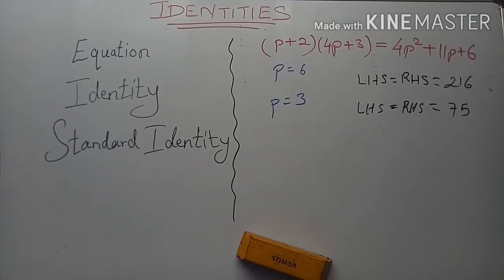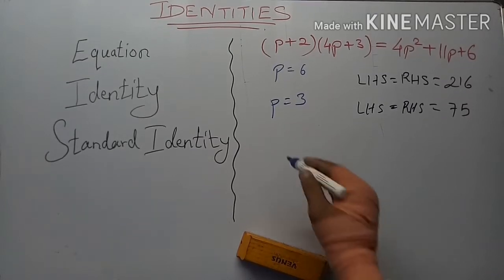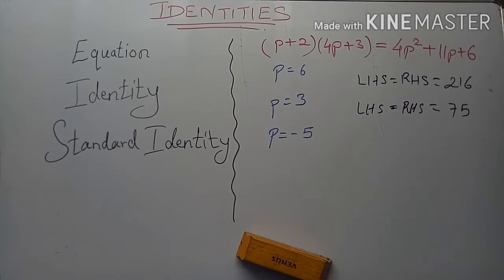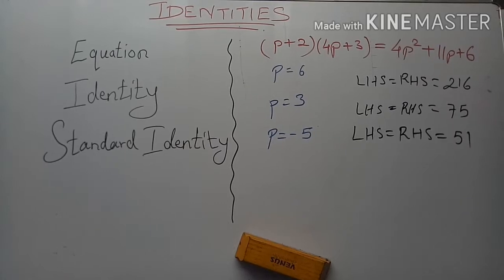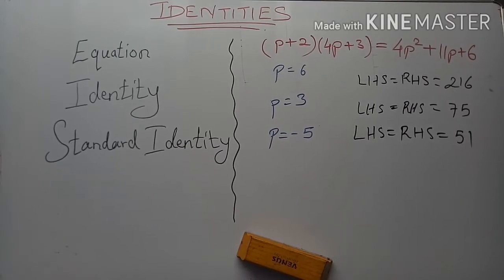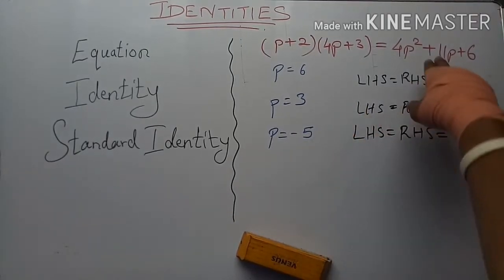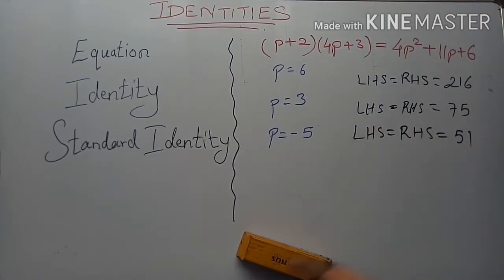Now take one more example. P is equal to -5. Substitute and find the value of LHS and RHS and test whether LHS is equal to RHS or not. So again, pause the video and solve it. When you substitute P is equal to -5 in LHS, it gives you 51. P is equal to -5 in RHS, it gives you 51.